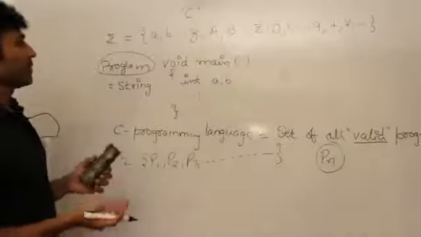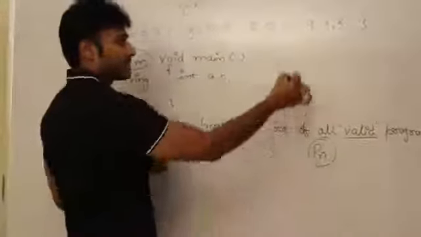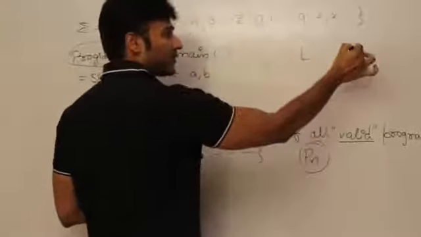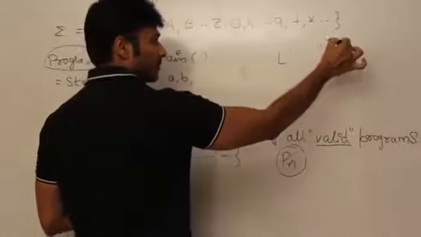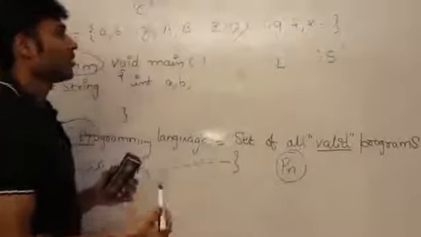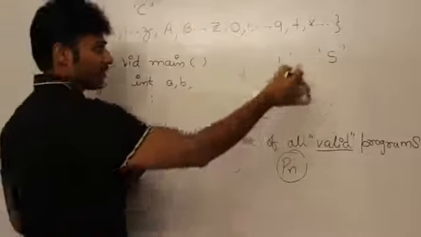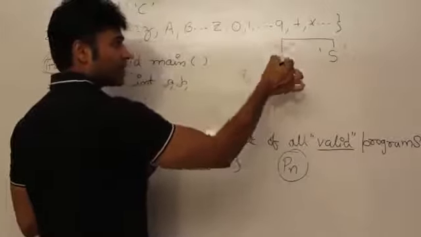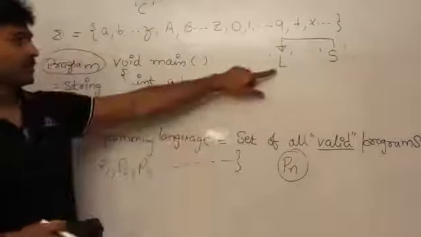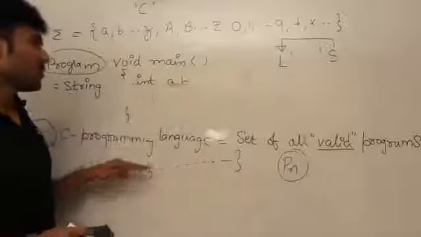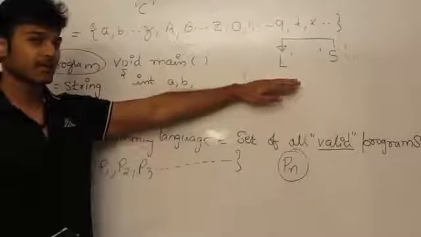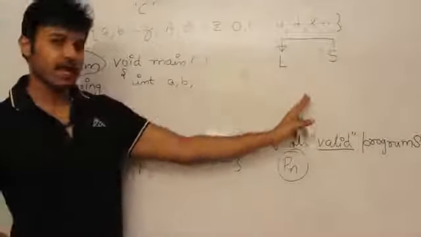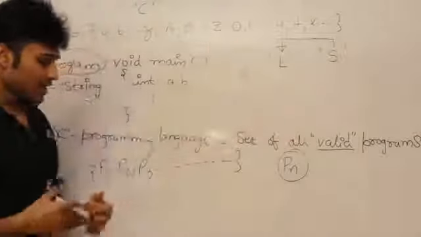So we are mainly interested in this. Given a language and a string, the interesting question I want to ask is whether this string is present in this language or not. If the language is finite, yes, you can enumerate all these strings in your memory, and then given a string, we can scan all these strings one by one and check if it is present or not.